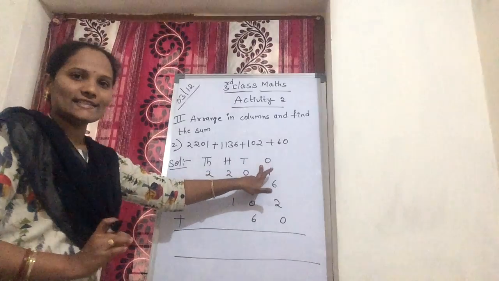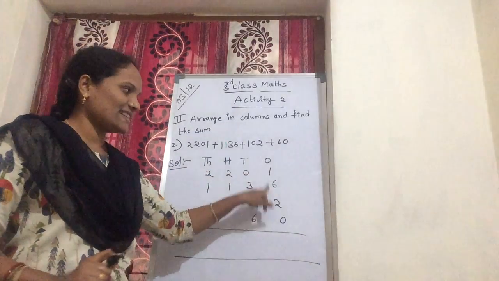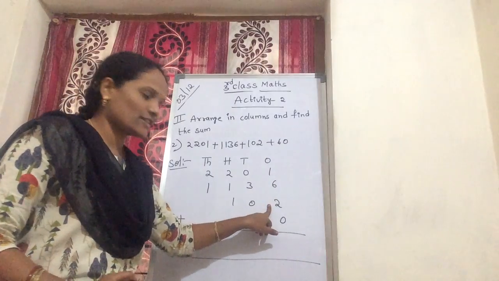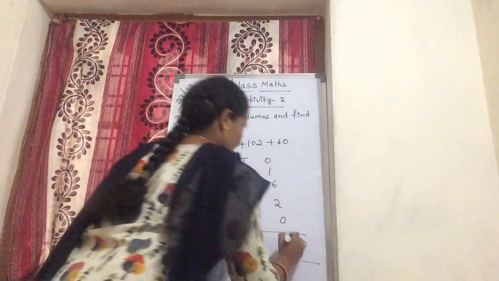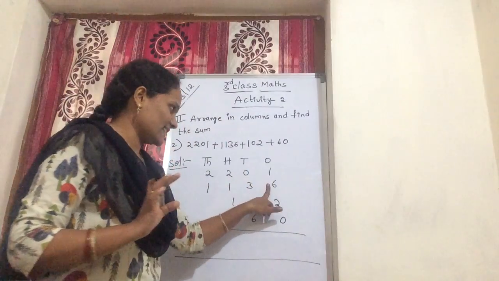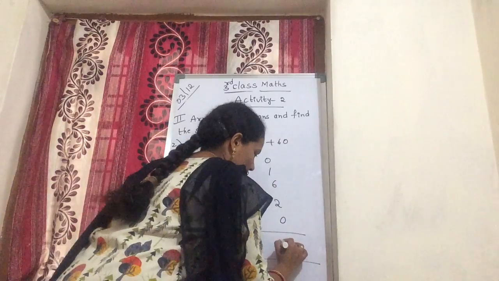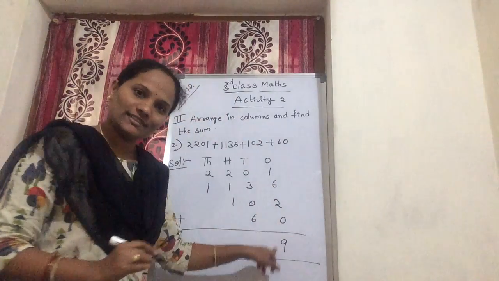Coming from ones: 1 plus 6 is 7. 7 plus 2 is 9. 9 plus 0 is 9. You get 9.